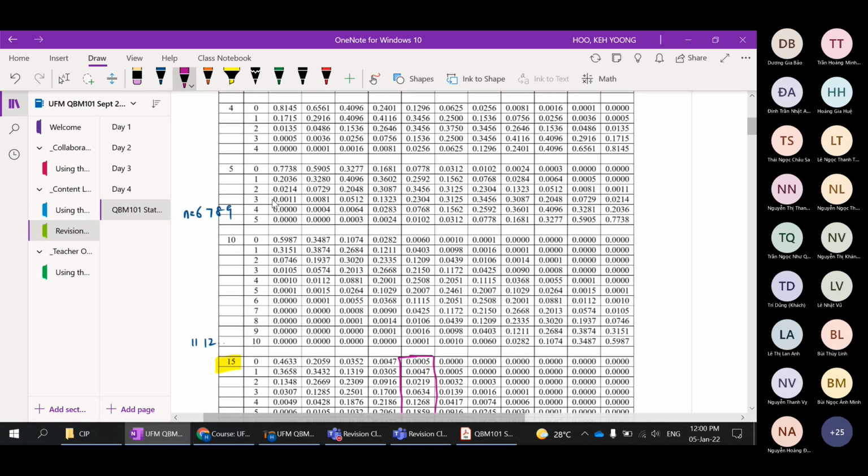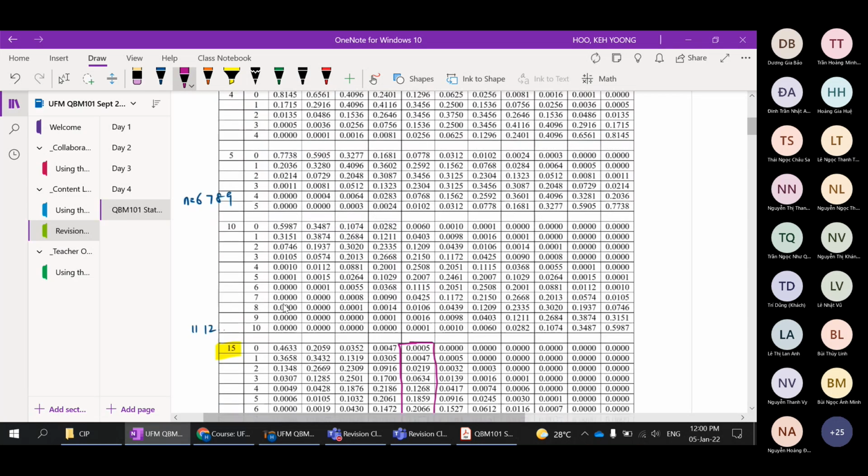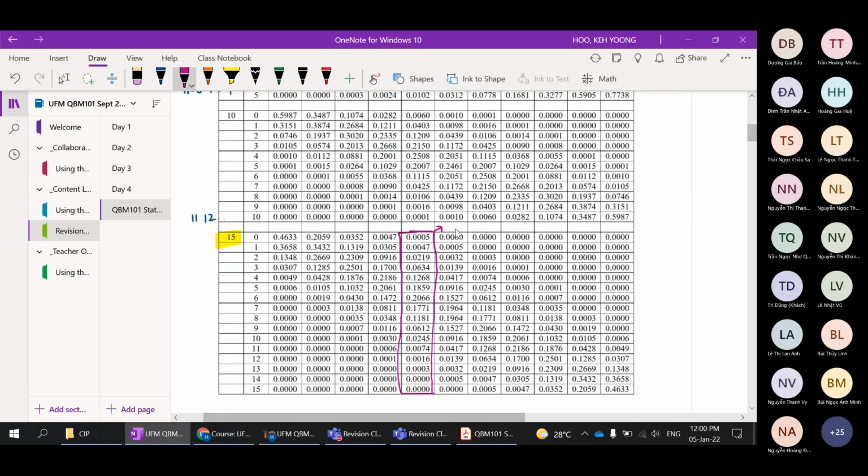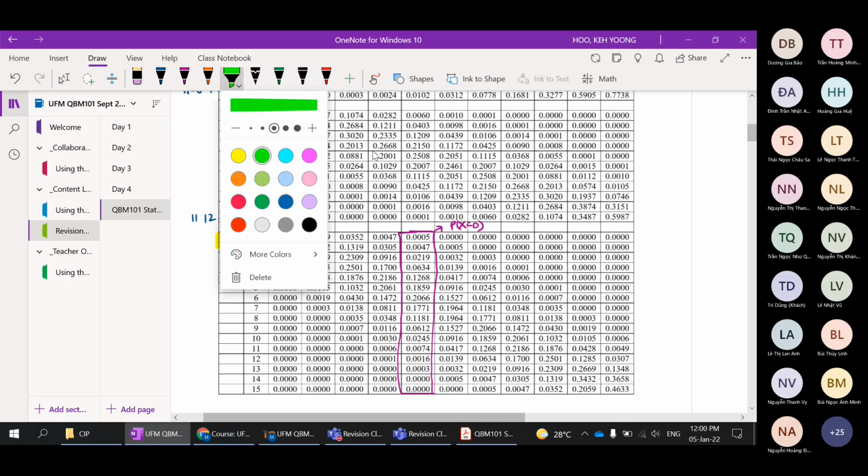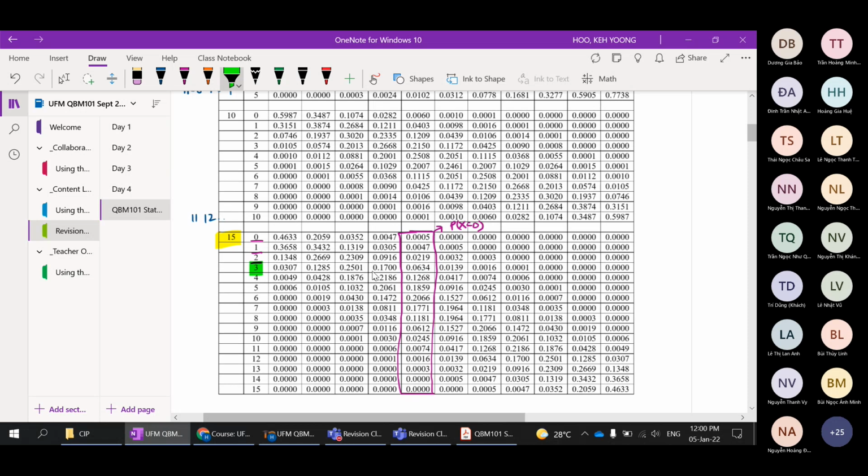There is an x value here: the first value tells you the probability of x equals 0, then x equals 1, x equals 2. Right now you want x equals 3, so the probability is 0.0634. If you can find the probability from the statistical table, you can straight away write down the final answer without using the formulas.